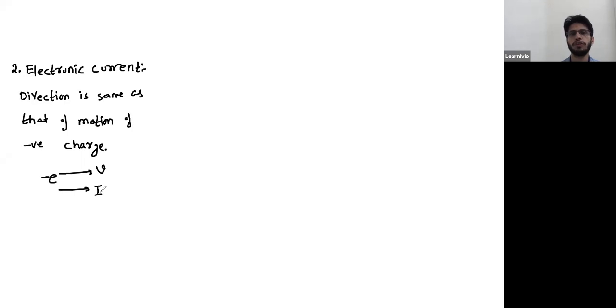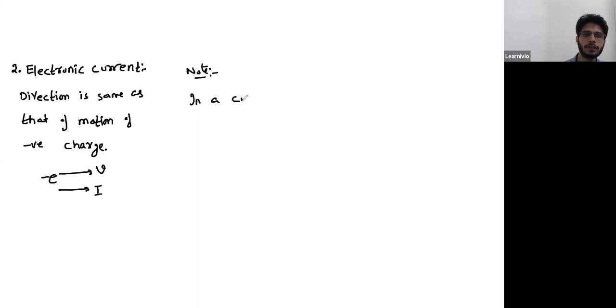But throughout this chapter, current electricity, we will always deal with conventional current. By default, current means conventional current, always. You can even find the direction of conventional current using the cell.